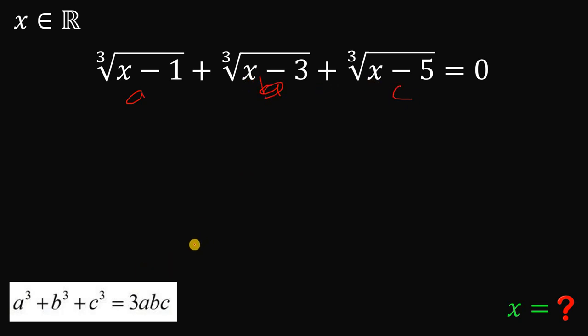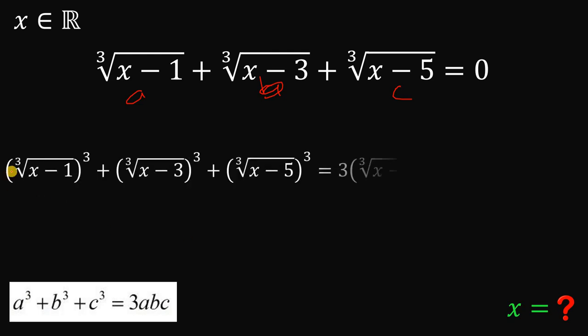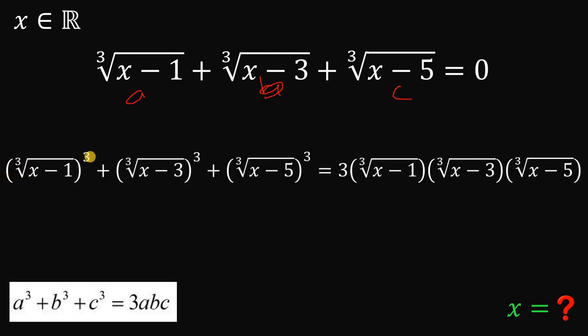If we do that, we get cube root of x minus 1 raised to the power of 3 plus cube root of x minus 3 raised to the power of 3 plus cube root of x minus 5 raised to the power of 3 equals 3 times cube root of x minus 1 times cube root of x minus 3 times cube root of x minus 5.